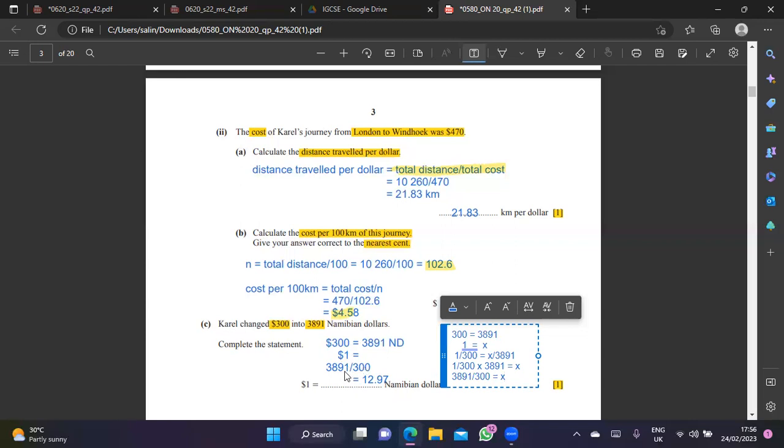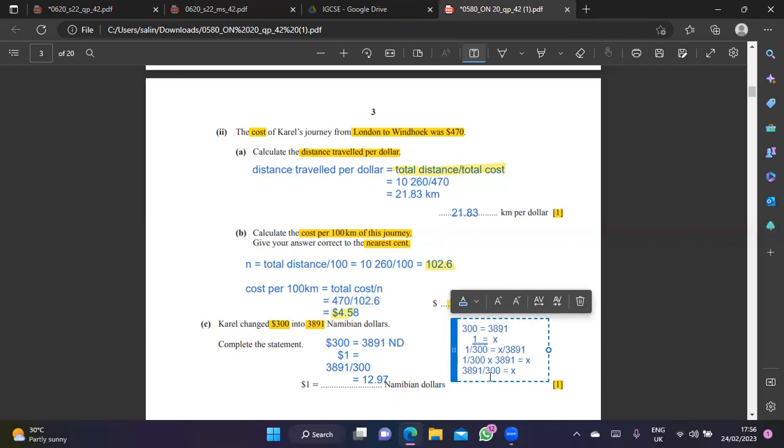If you are really good in your algebra and can see it clearly, it's only 1 mark here. You can do it directly if you know what you're doing. If not, you can go through this step. This step is very easy. It wouldn't take you long to write it down.